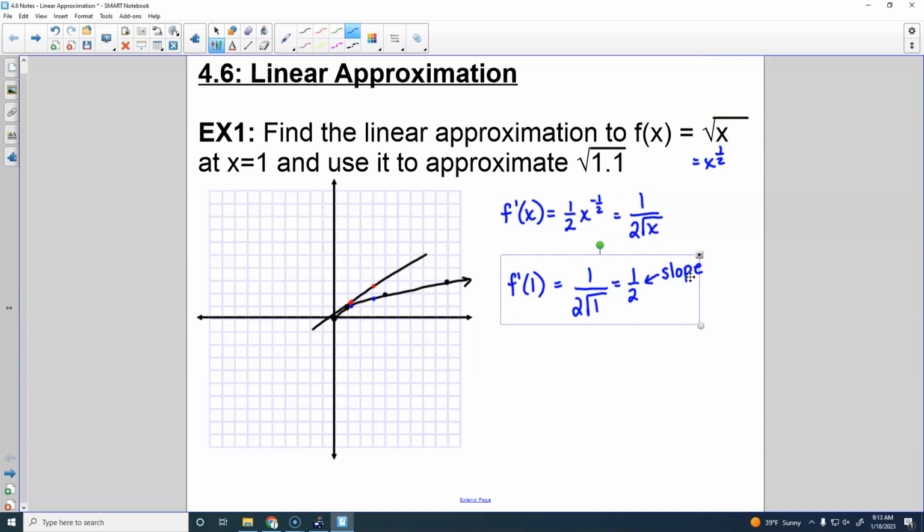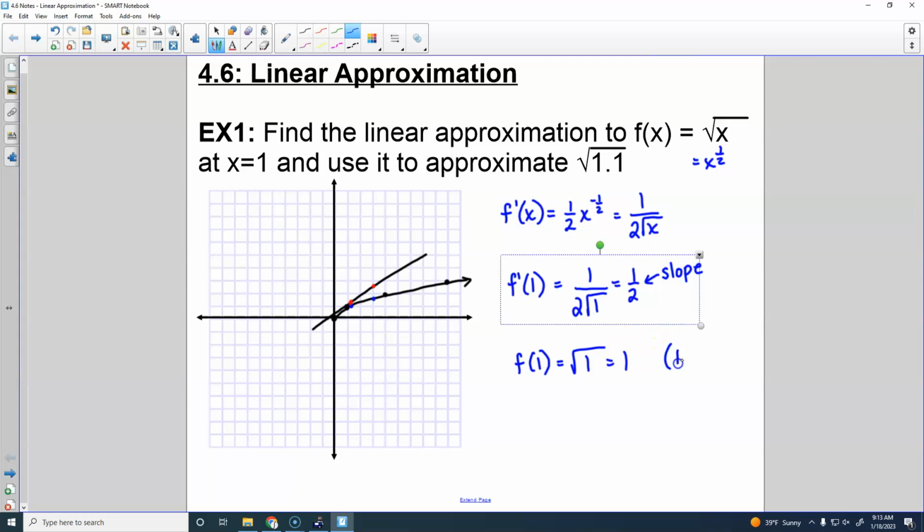F of 1 is what I want to see, which is not our y-intercept, although you eventually could find the y-intercept if you need to. But we just need a point on the line, so that point of tangency is what you want. So f of 1. That's just plugging into the original equation. And see, 1 is okay to do because we know the square root of 1 is 1, right? So for this particular problem, you would only want to use values where you knew the square root. 1, 4, 9, and so on, all right?